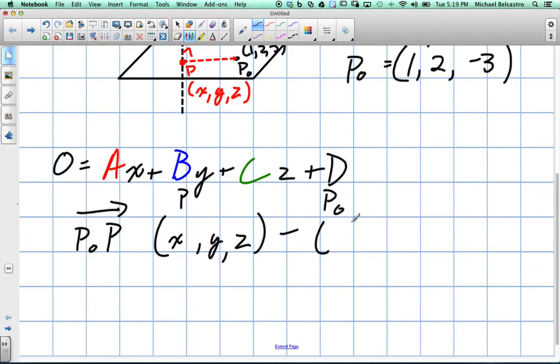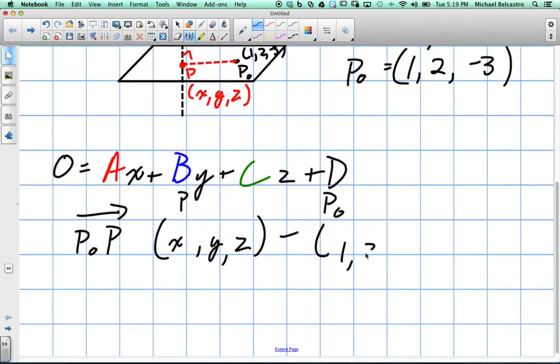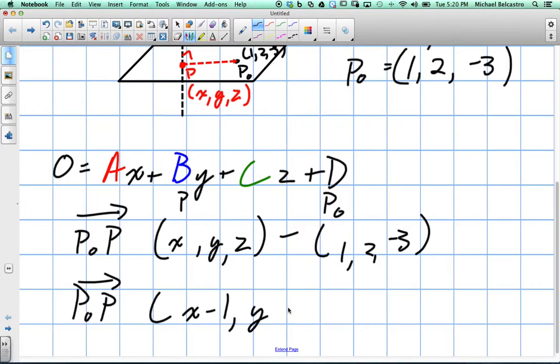Our point for P0 was 1, 2, -3. So let's subtract the two to find our direction vector. So P0P, when we take our x coordinates, we have x minus 1, y minus 2, and z plus 3 when we subtract. Does that make sense so far?